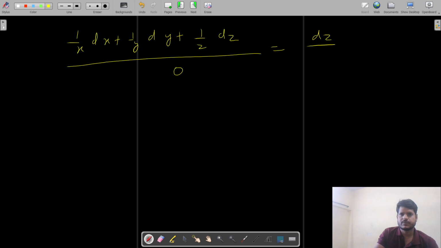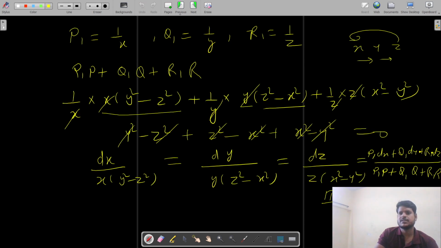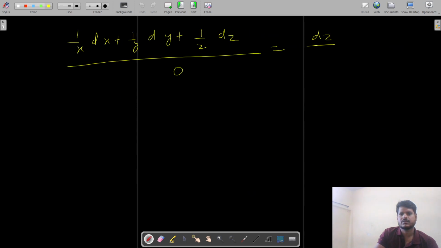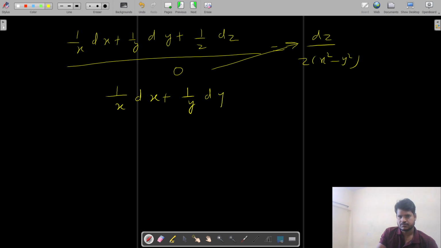Let me check from the previous slide, that is z times x square minus y square. Now ये 0 इधर मल्टीप्लाई कराएंगे. So 0 into dz, 0 upon something, that is 0. So we have 1 upon x dx plus 1 upon y dy plus 1 upon z dz equal to 0.